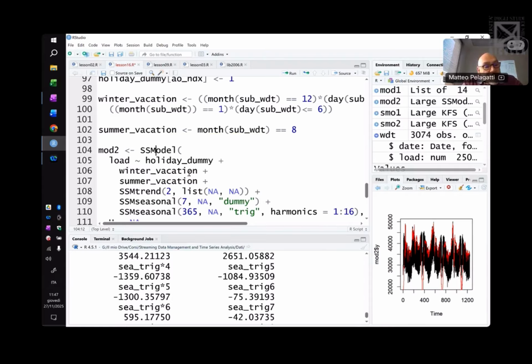So missing values is not a problem. Forecasting and signal extraction you can do at the same time. You don't have to find different solutions for those two models. You can use them for problems that are just not forecasting problems.